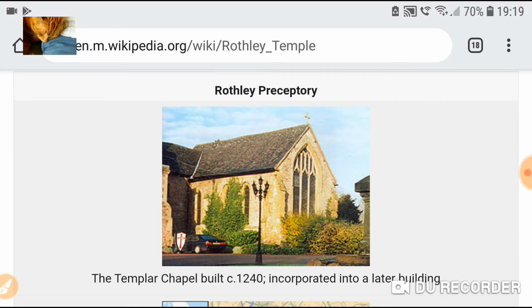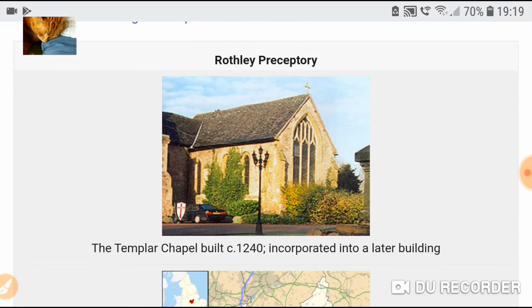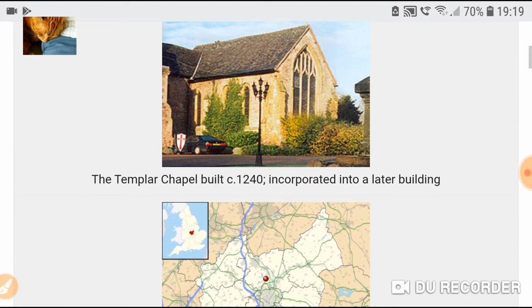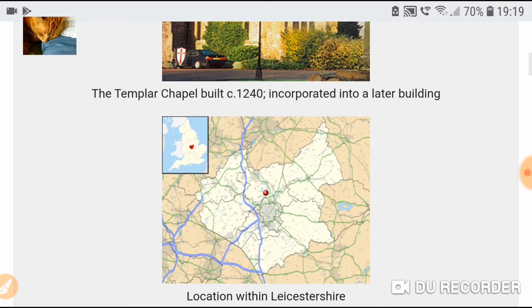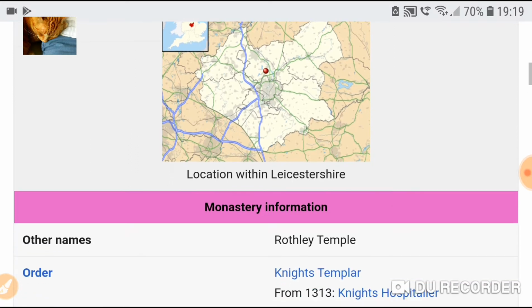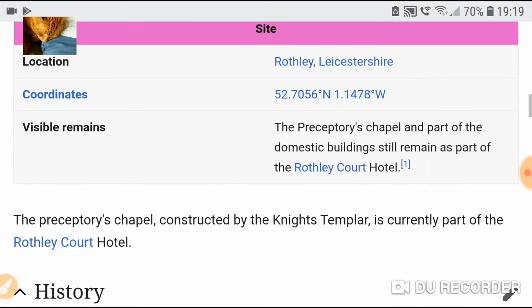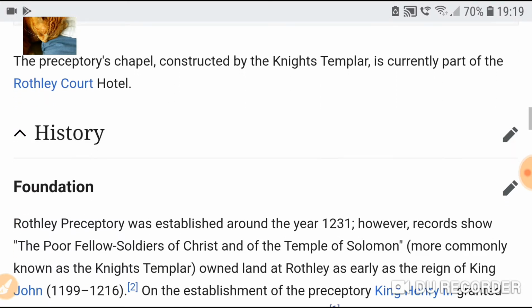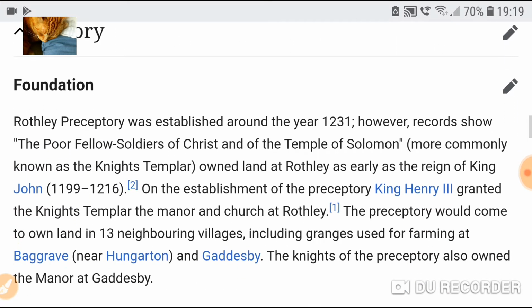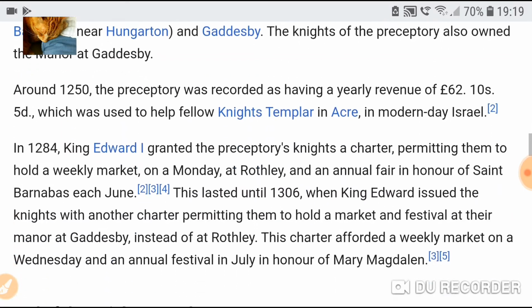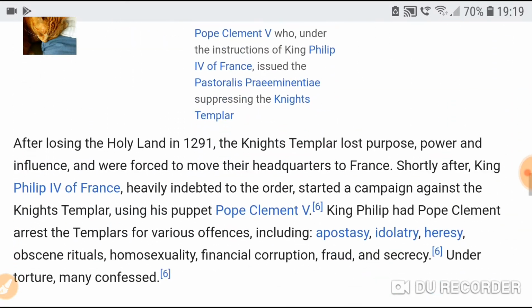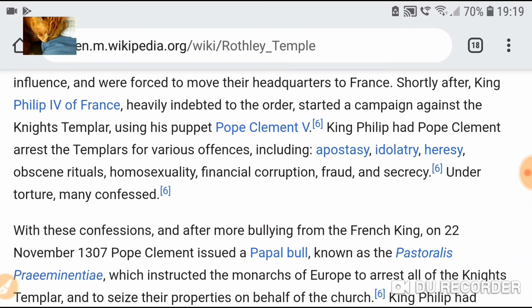There's a building next to that church that is now used as a hotel, with all the traditional building still there. Knights Templar. Trouble is, as soon as you press the history on it, it gets massive. But so does the whole of this story. The whole of this just goes into Knights Templar. It's too much to go into now.